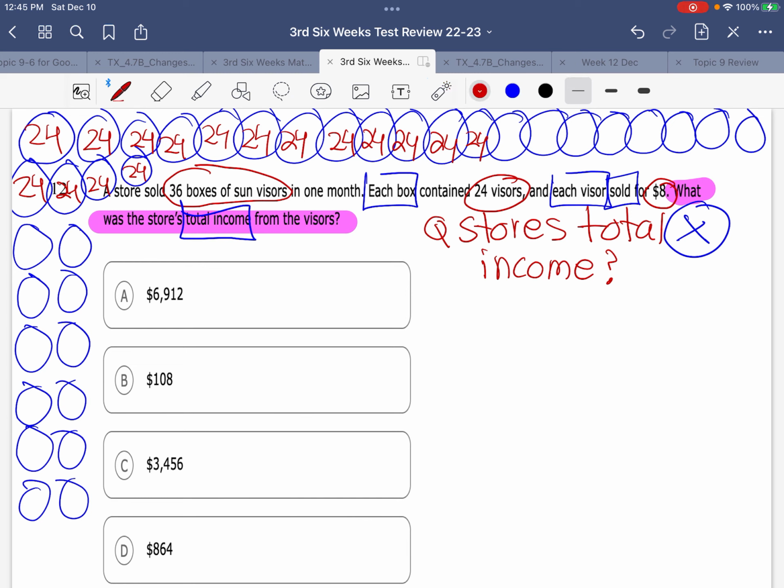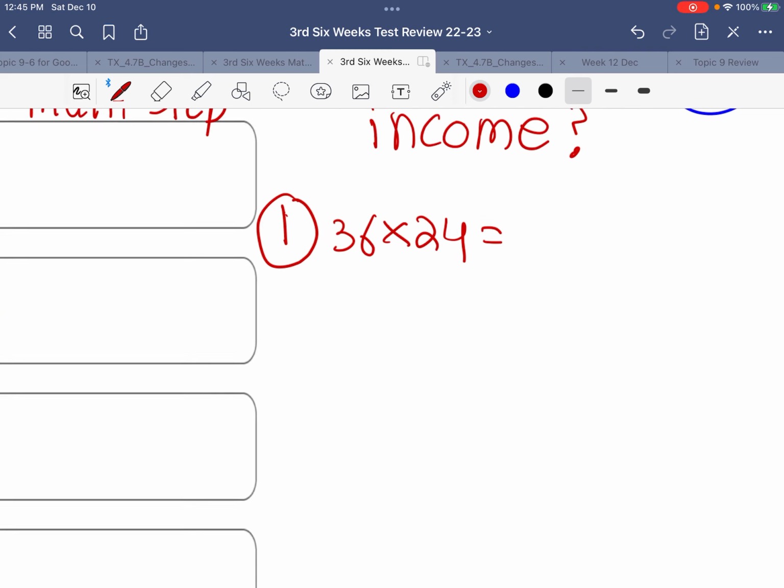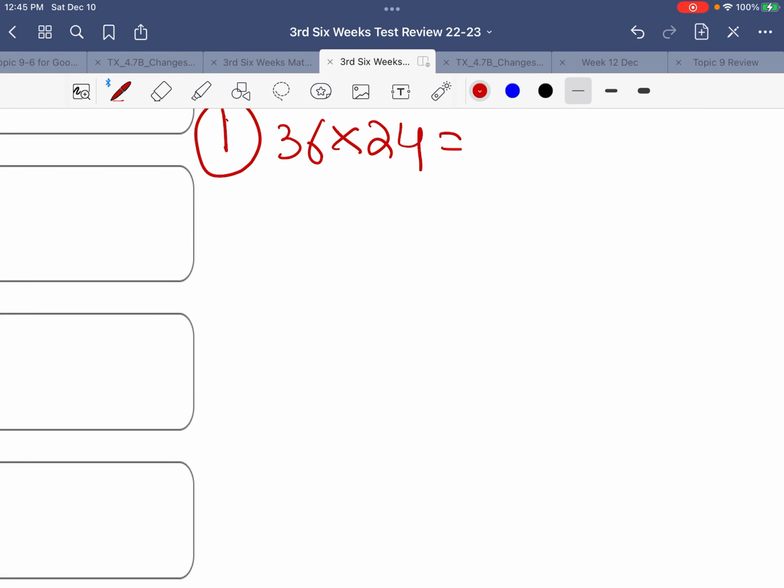So to do that, my first step, because if you have more than 2 numbers, it will be a multi-step problem. My first step is to multiply 36 times 24. Okay, so I'm going to make my box.